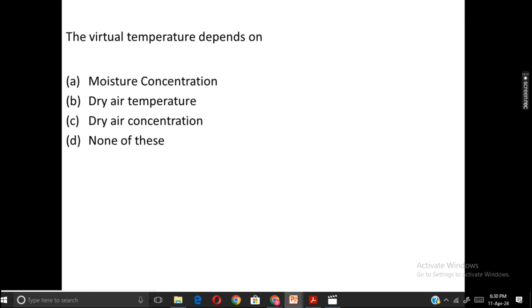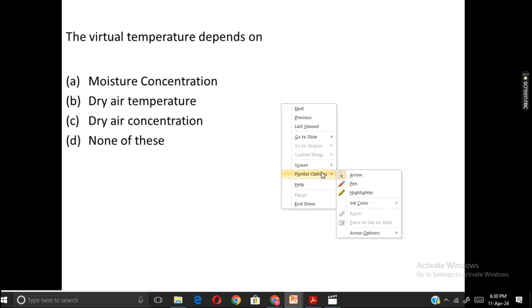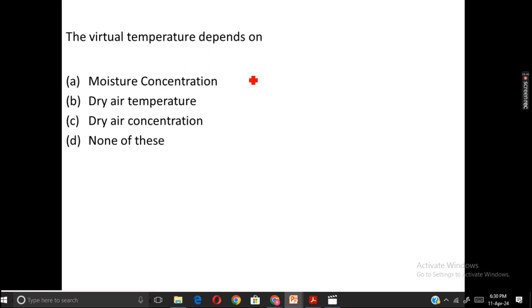So the question is, what does the virtual temperature depend on? They have given different parameters. The virtual temperature TV is given by T divided by 1 minus E by P into 1 minus epsilon.